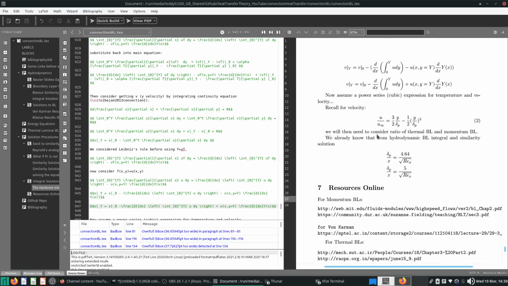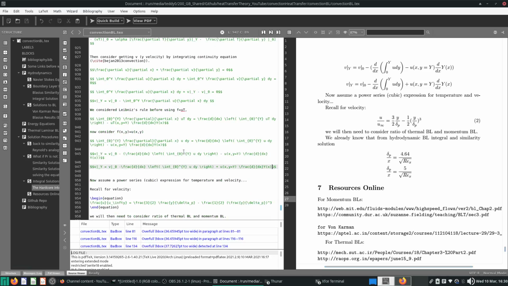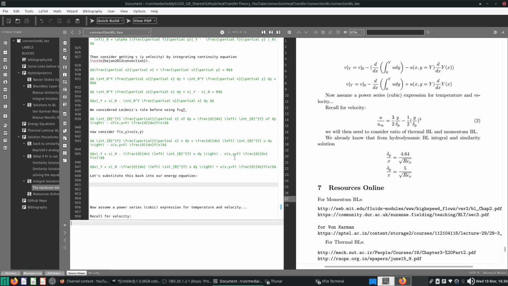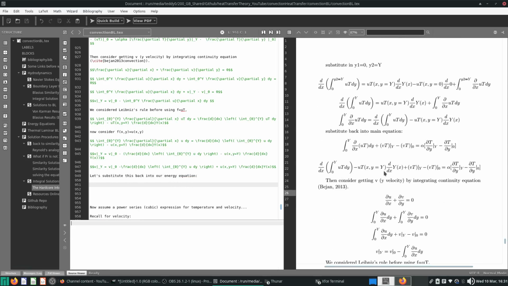So let's substitute this back. Before we start solving, let's substitute this back into our energy equation. So what was it before? Before it was this thing.